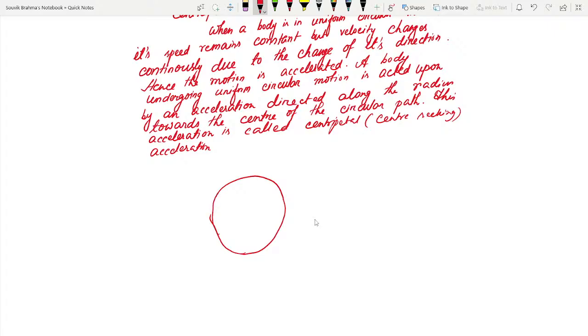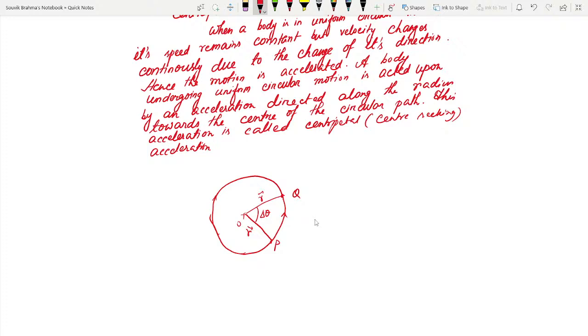This circle roughly denotes the path, with the center here. Now I denote two points, P and Q. Suppose the particle goes from point P towards point Q. This is the radius vector r, and this is delta theta.